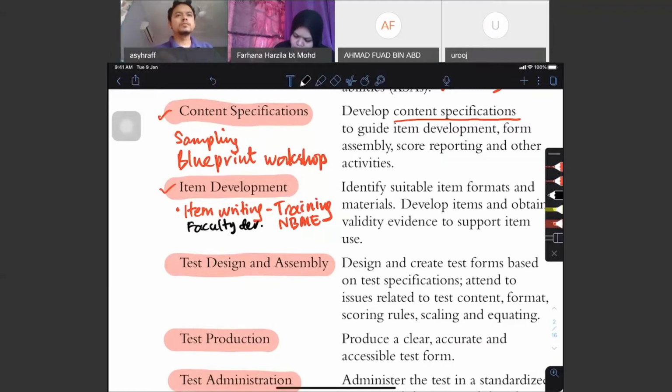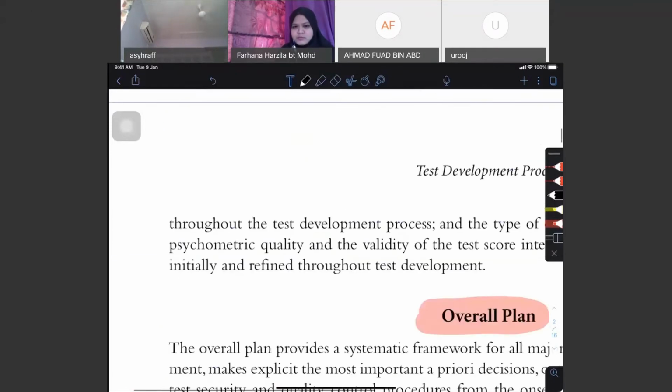I am very sure that once you finish this masters and go back to your institutions, one of the things you need to do is to have item writing workshops to train your faculty and colleagues to write proper items. These are just the big points under each step. If you want details, you can read the summary.